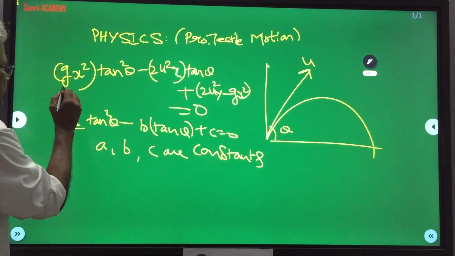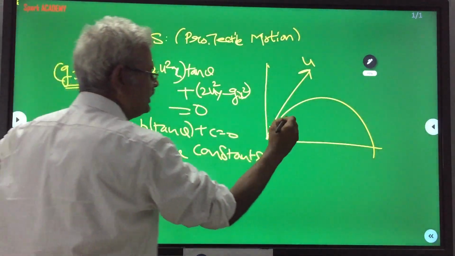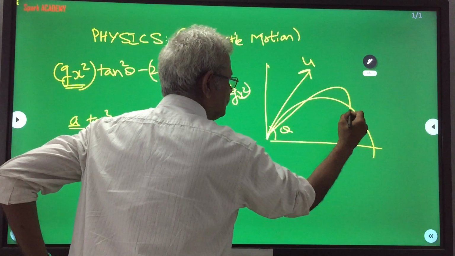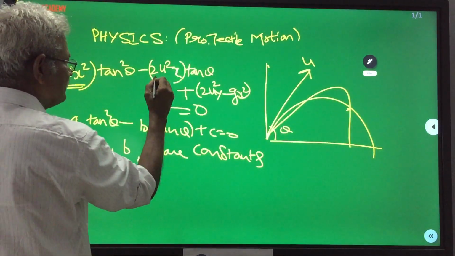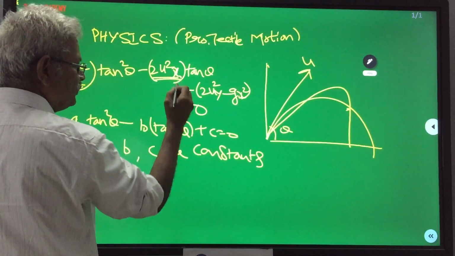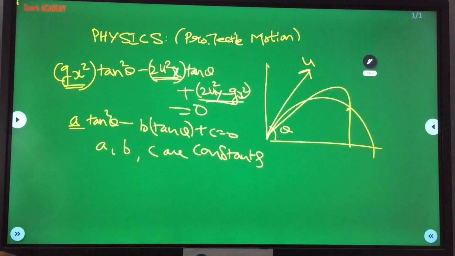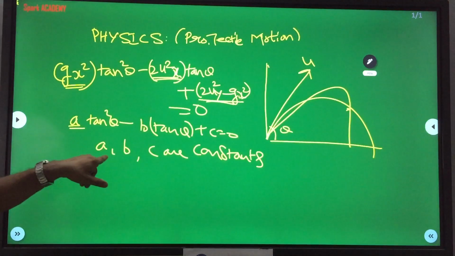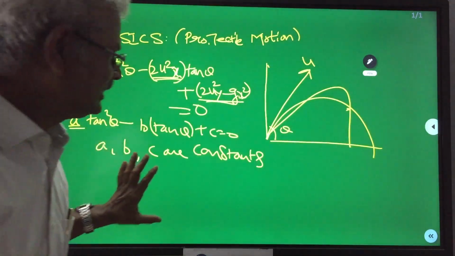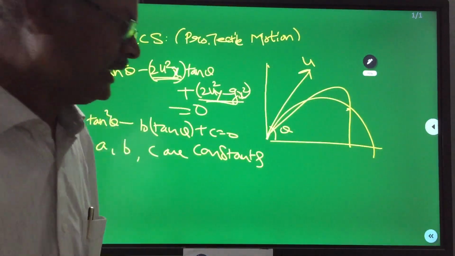Constant. g x square is constant, the same point I told you, x. And this term is also constant. u is also constant. This is also constant. That is what we mean. Understood this point? Any doubt in this? Clear? So like this you have to read. Now we will get into one problem.